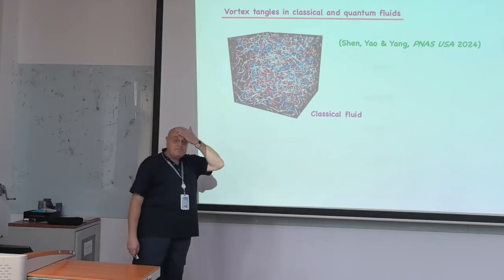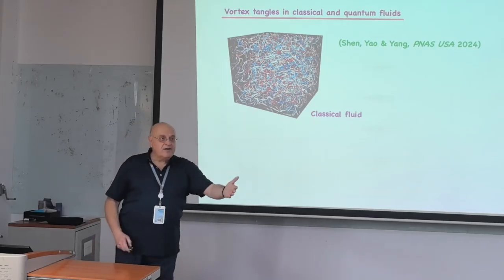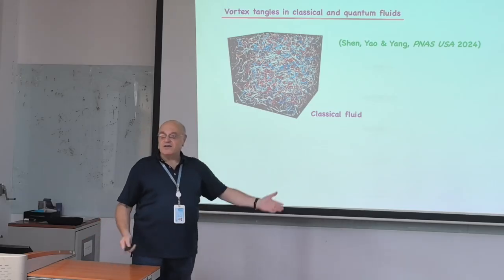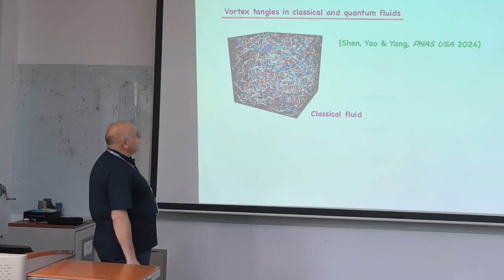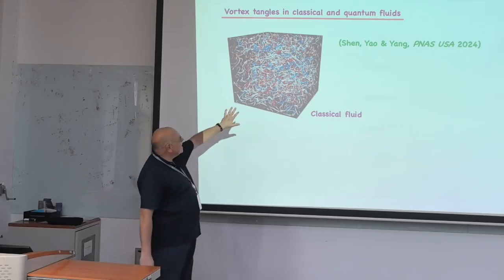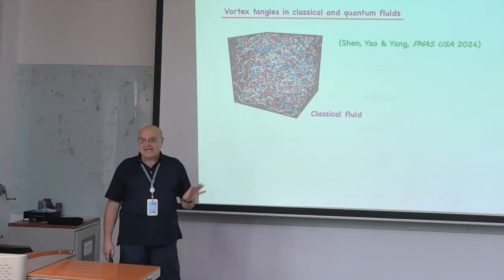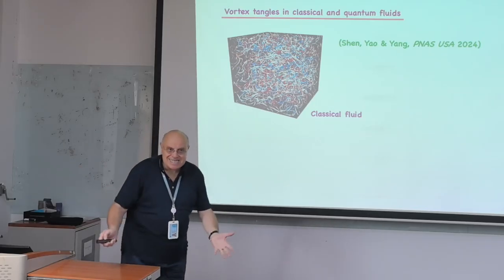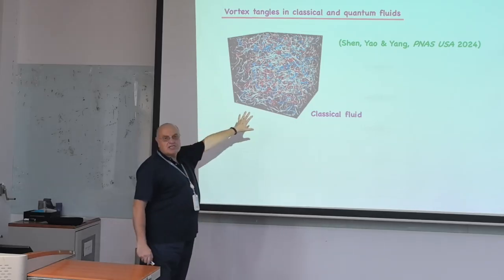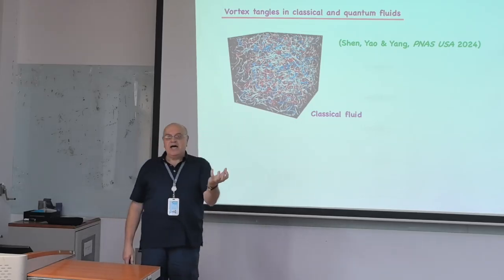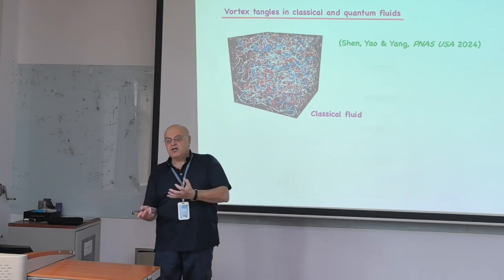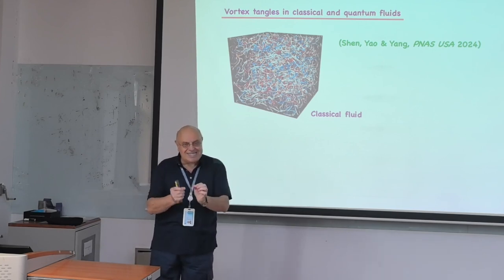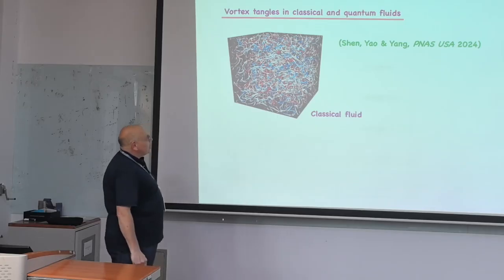A very interesting piece of work came from Peking University very recently. The group of Yue Yang showed that instead of working on classical fluid complexity, we can reduce this complexity by keeping information on the topology and the geometry of the high intensity fields by doing what?